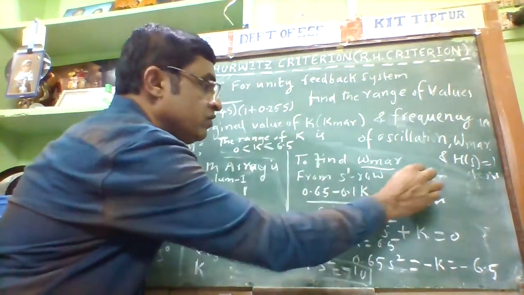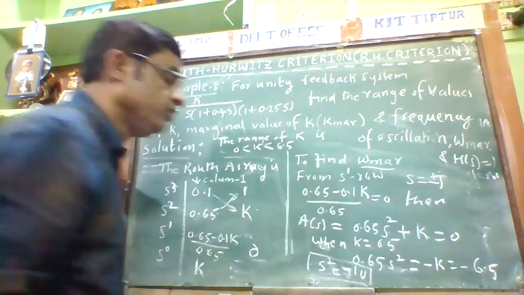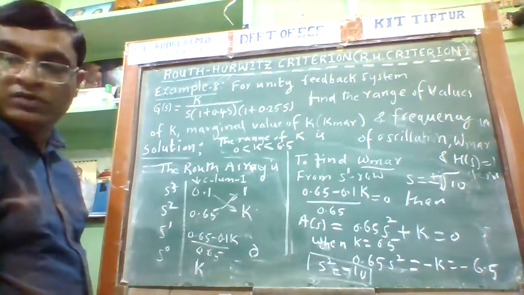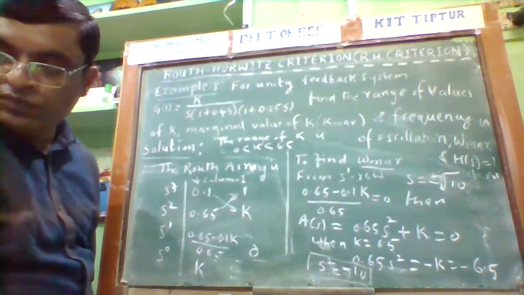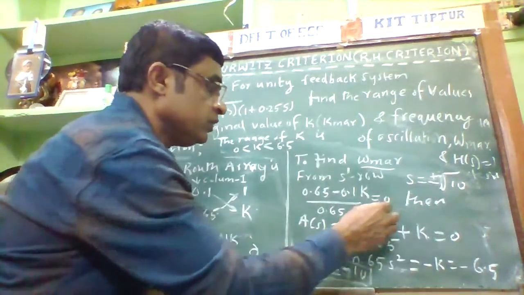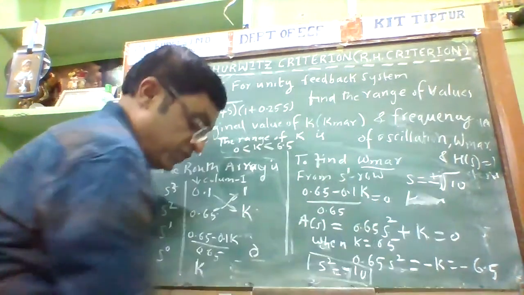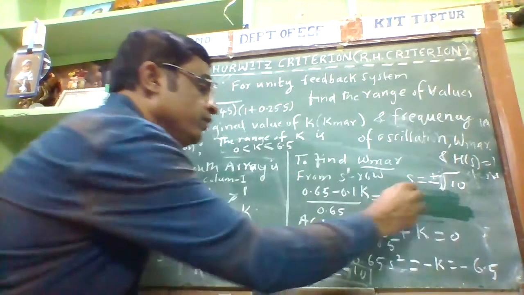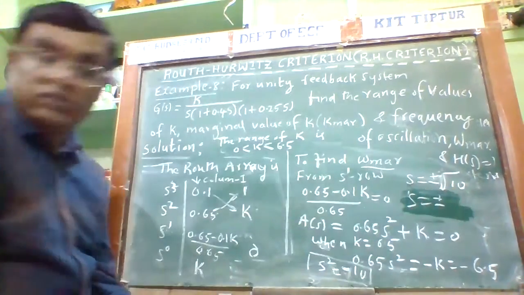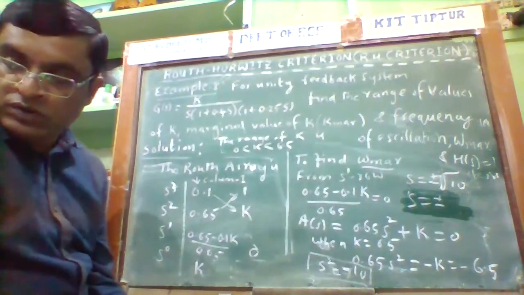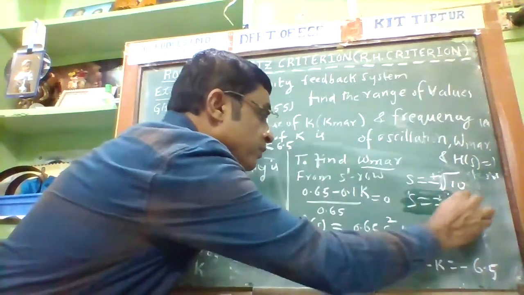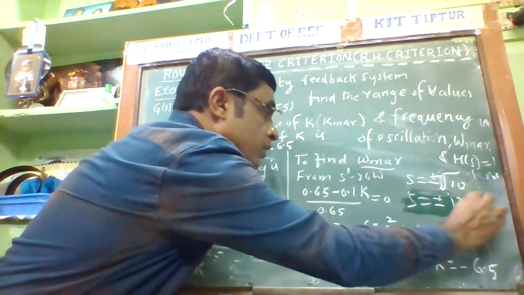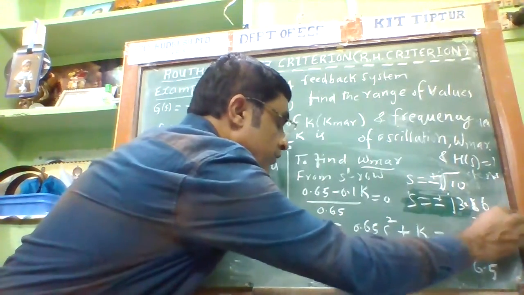Therefore s is equal to plus or minus square root of minus 10, so s is equal to plus or minus j 3.16 radians per second.